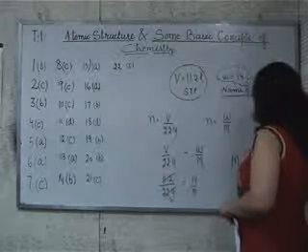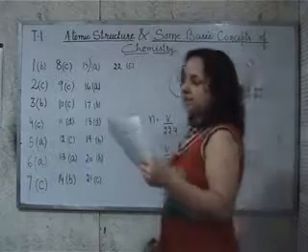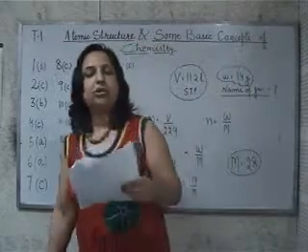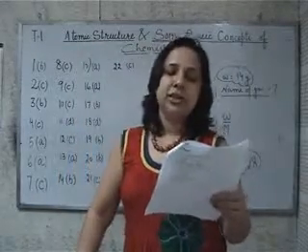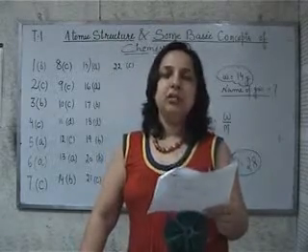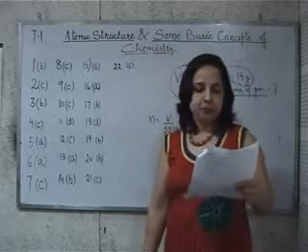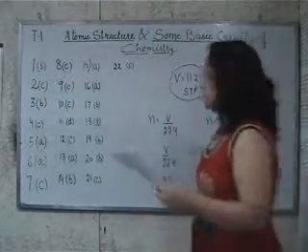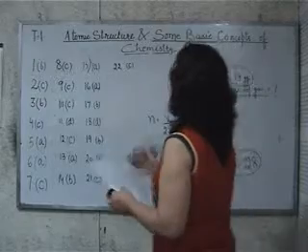Now, which gas out of the following options has molecular mass 28? The option is nitrogen, N2. N2 has molecular mass 28. The rest do not have molecular mass 28. The option is C.